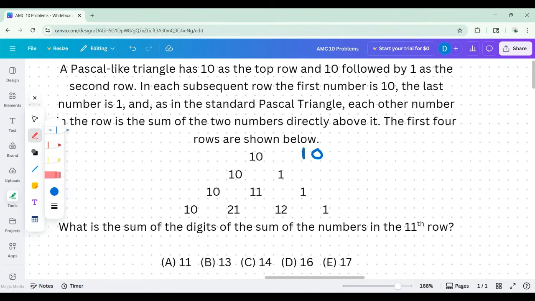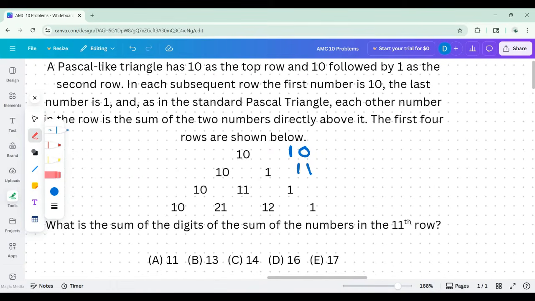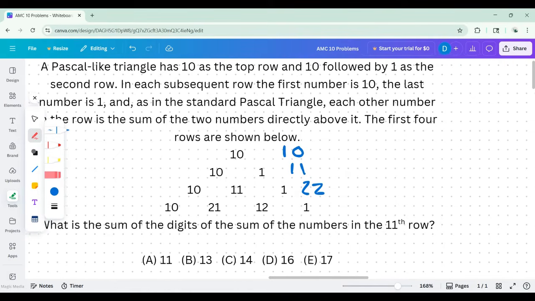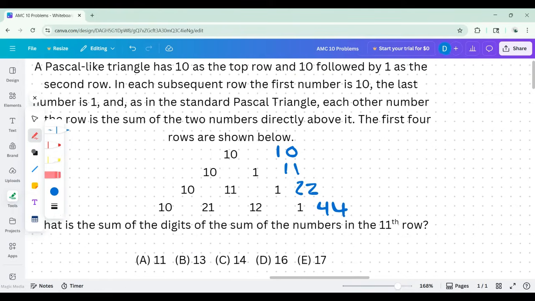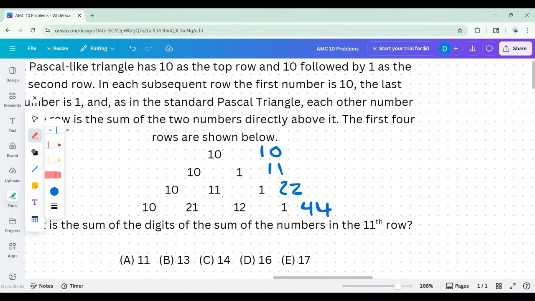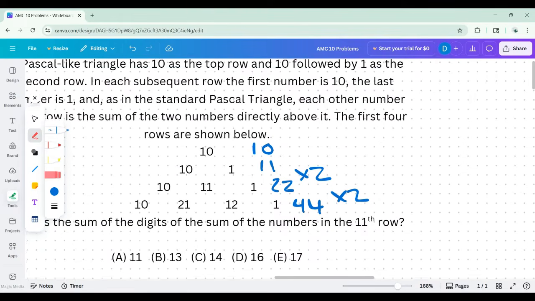So we realize that the sum of the first row is 10, the sum of the second row is 11, the sum of the third row is 22, the sum of the fourth row is 44. And we see that there's a pattern because besides 10, the first row, from the second to third, we are multiplying by 2. From the third to the fourth, we are also multiplying by 2.